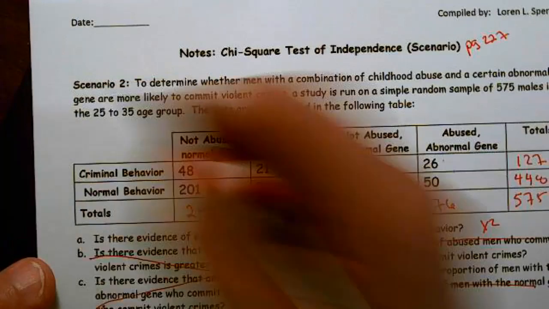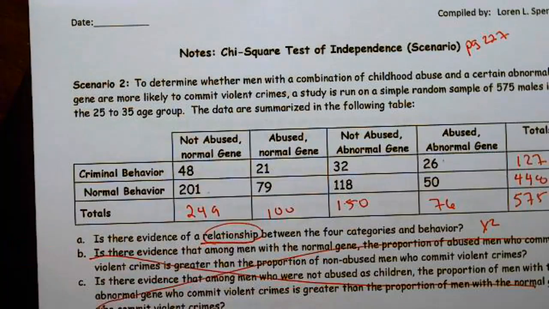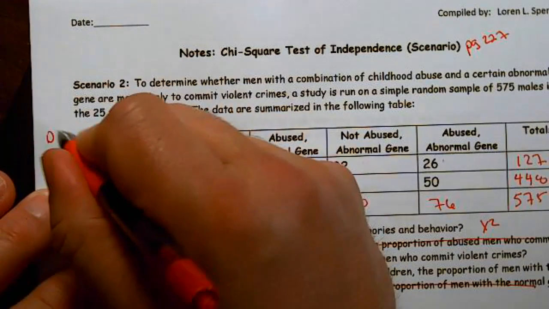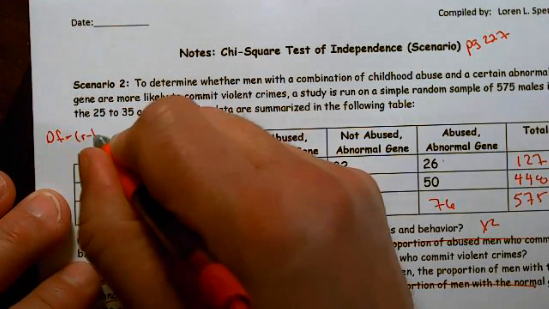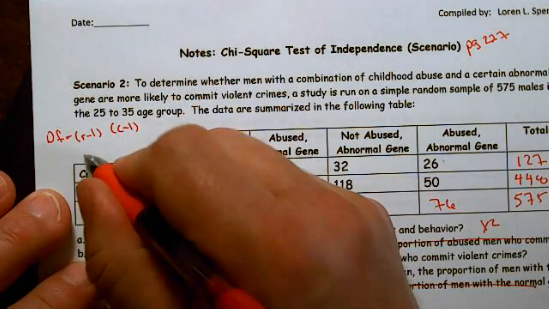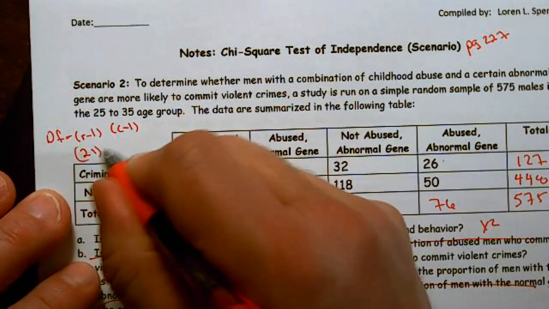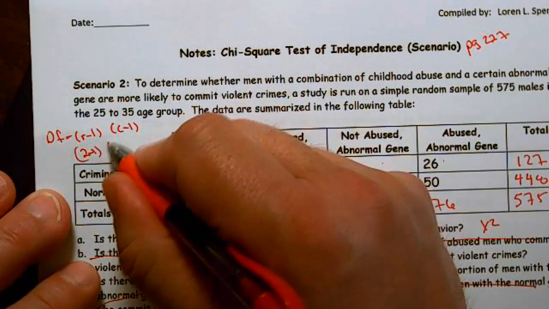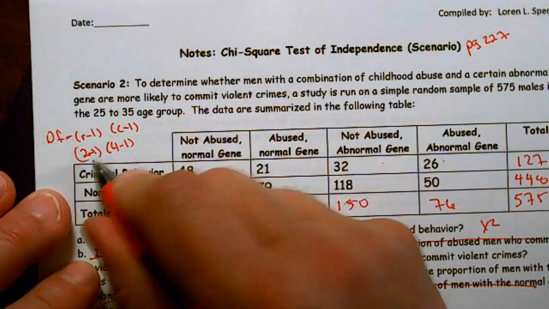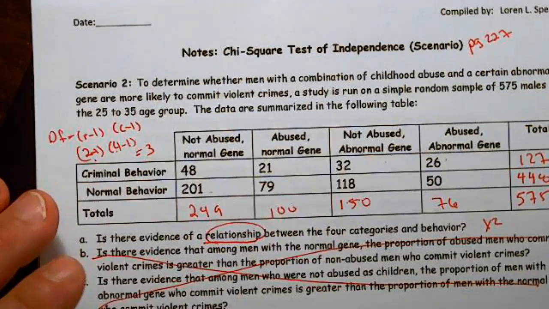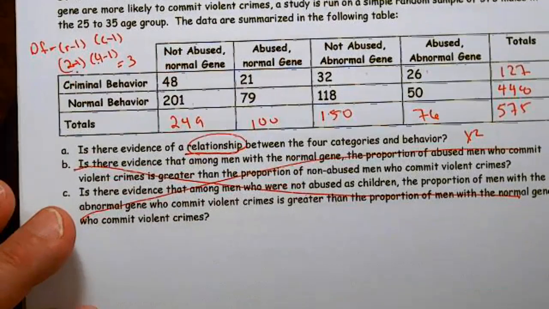If it's a chi-square test of independence and they're looking for a relationship, they want to know if the variables are independent or not. Degrees of freedom equals rows minus 1 times columns minus 1. So 2 minus 1 times 4 minus 1, which is 1 times 3. My degrees of freedom are going to be 3.